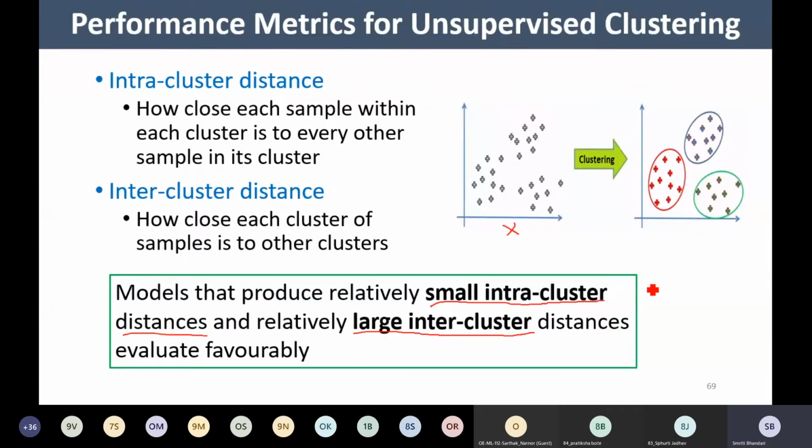So if I have 2-3 models, whichever model satisfies these criteria as far as performance is concerned, I will pick that model.